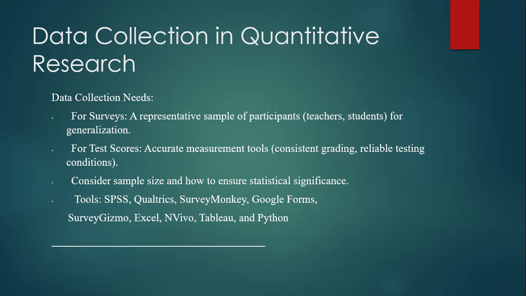NVivo is used for qualitative as well, because it shows trends, and you can do numerical trends, and you can also do qualitative trends, looking at different topics. So that's good. And then there's Tableau and Python, which, if you do any programming, are a couple of the programming tools out there.